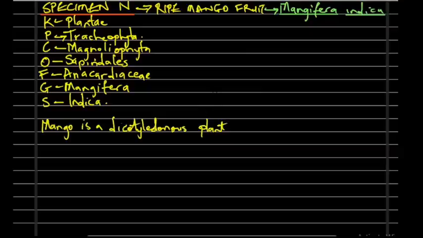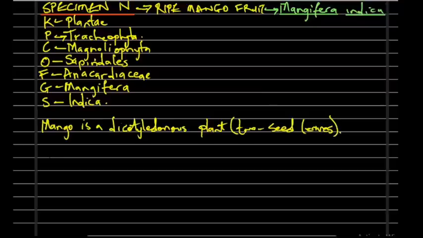These cotyledons are fleshy and they store food. That's the essence, why we call it a dicot. It has two seed leaves. That is why we call them the dicots.